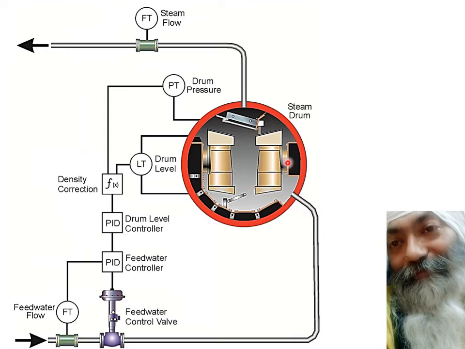So this level is not changed and this disturbance is taken care of by this secondary controller, which you can call a slave controller or cascade controller. So this was the first element, this is the second element which we have added, and that is why this is called two element control.